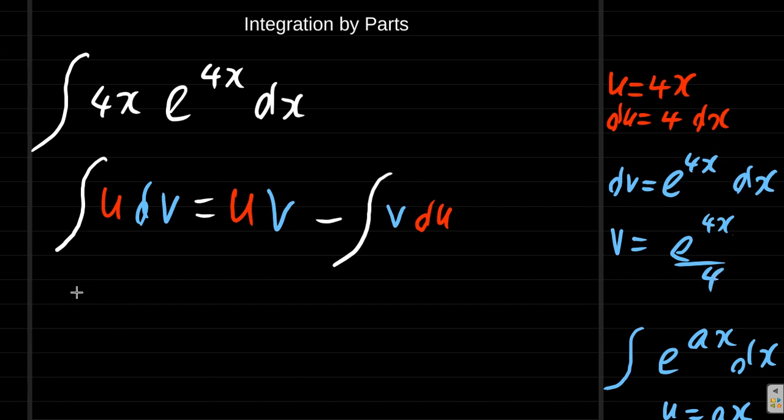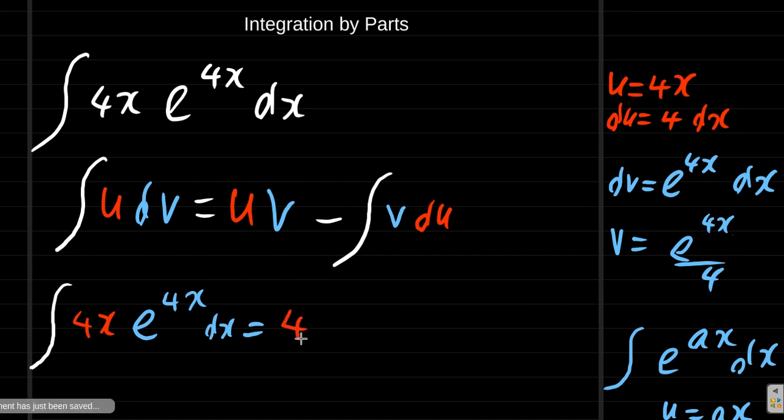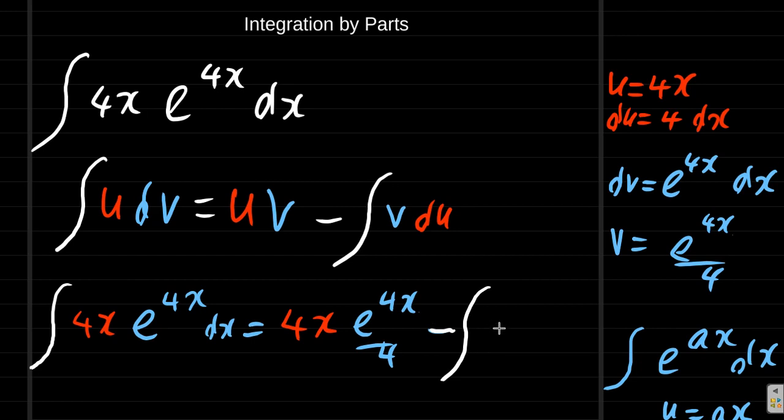Now what do you have here? It's the integral of u, which is 4x, dv, which is e to the 4x dx, is equal to u, which is 4x, times v, which is e to the 4x over 4, minus the integral of v, which is e to the 4x over 4, times du.